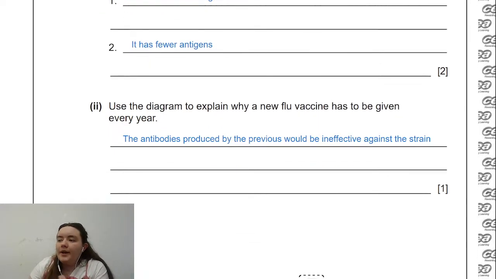If you work in healthcare, you're particularly old, elderly, you're particularly young, or you have a compromised immune system, you will be offered the flu vaccine every single year, in order to keep those people who are most at risk the safest.